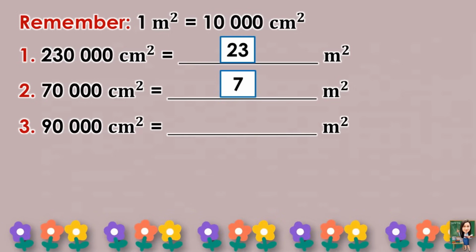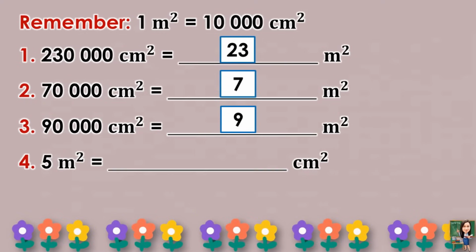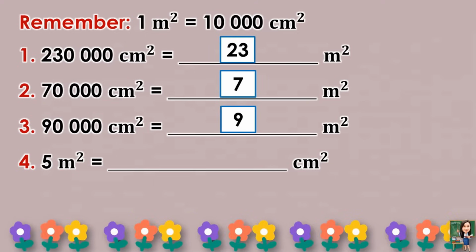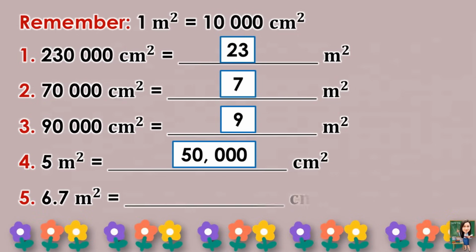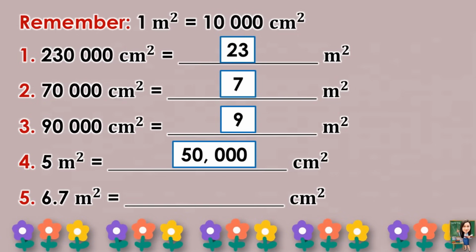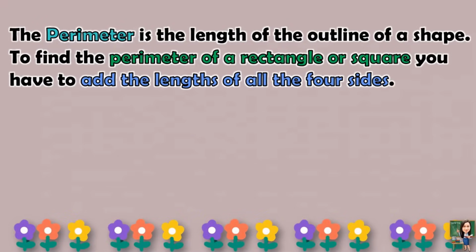Number 3, 90,000 square centimeters is equivalent to 9 square meters. Number 4, 5 square meters is equivalent to 50,000 square centimeters. Number 5, 6.7 square meters is equivalent to 67,000 square centimeters. The perimeter is the length of the outline of a shape.